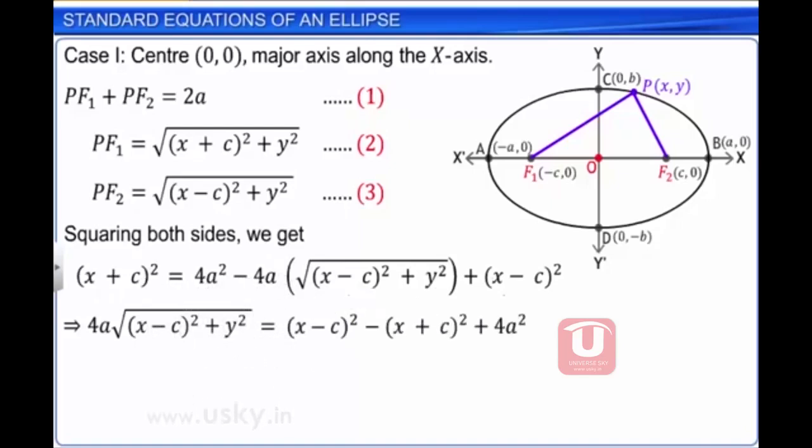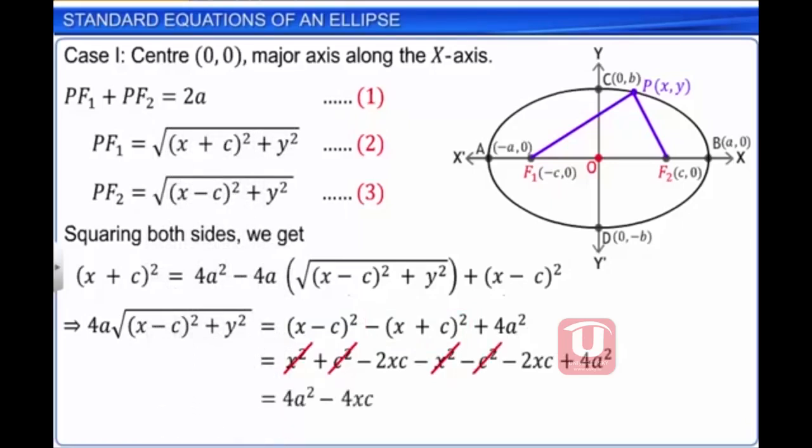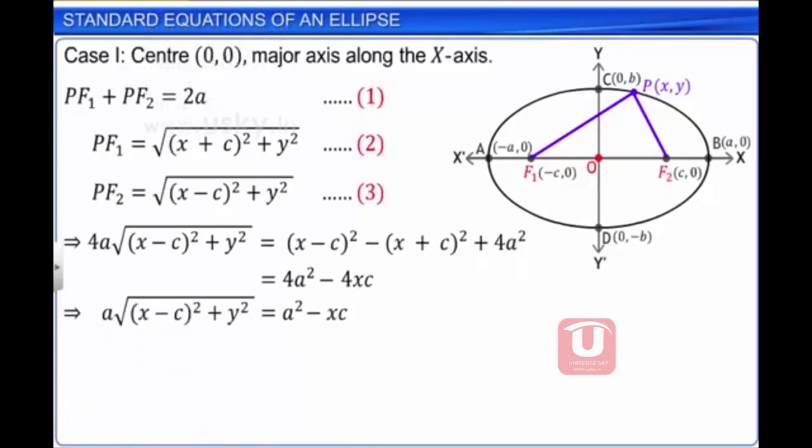On simplifying, we get under root x minus c whole square plus y square is equal to a minus c upon a x.